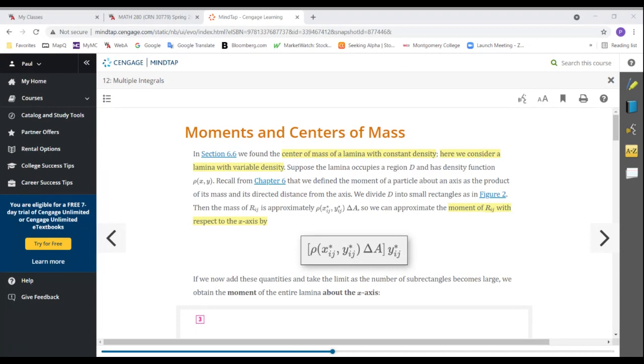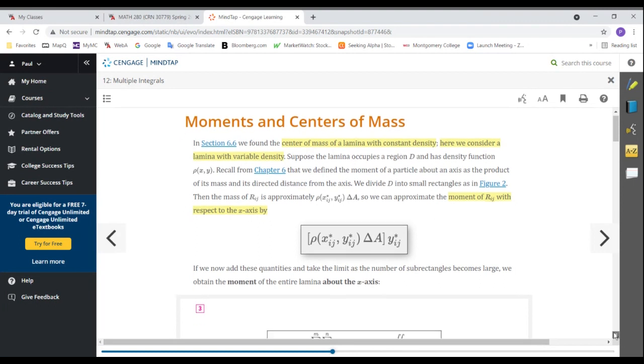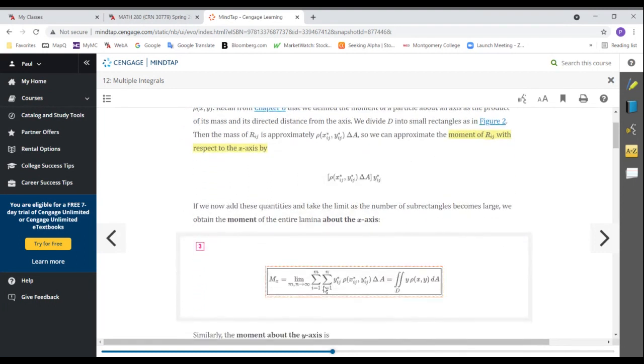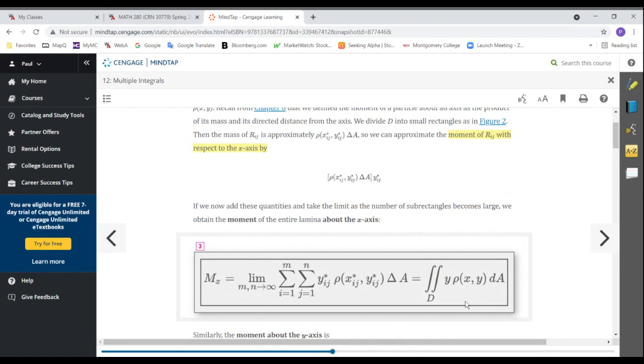That is the distance that coordinate is from the x-axis. Based on that, you can find the moment about the x-axis by taking the limit, and you get a double integral over region D of y times the density dA.